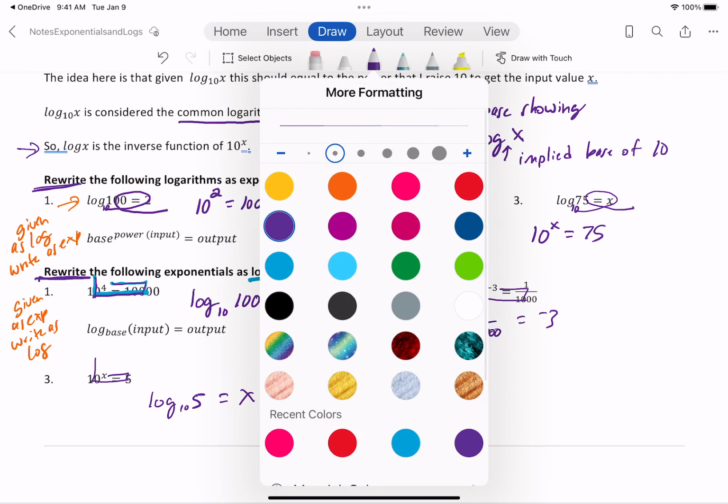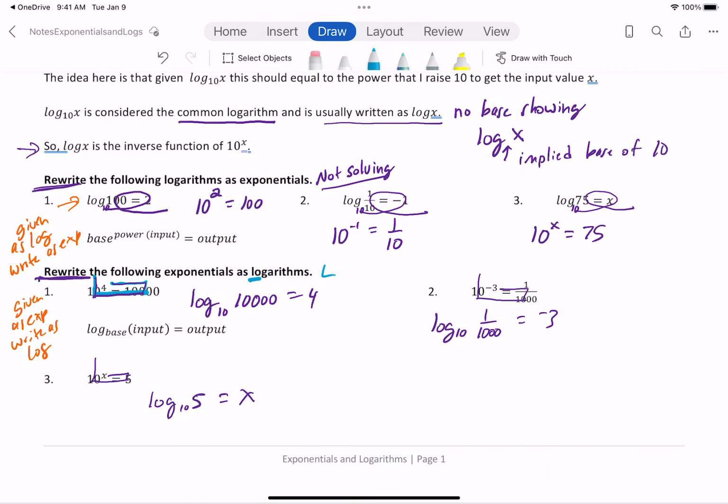Now you remember I told you that log base 10 is my common logarithm, right? So you see for each of these, I have log base 10 written. And of course I did that because we're learning how to rewrite them. And if you're like me, I need to see it. So we could also write this as log 10,000 equals 4 without the base 10 showing because it's common logarithm.